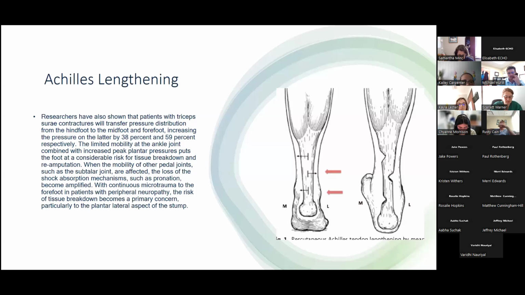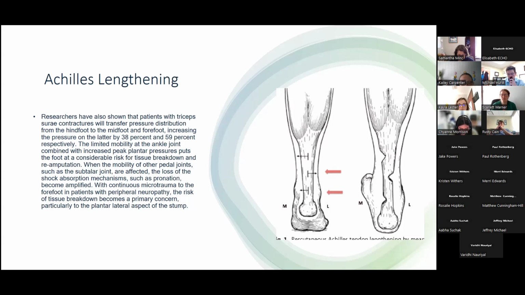So when performing the TMAs, performing a lengthening on the Achilles tendon is almost always beneficial. A lot of times these patients have increased pressures to their forefoot, which is why they develop the wounds to begin with. And so if we can perform an Achilles lengthening, I think it's beneficial to alleviate some of those pressures on the forefoot and really allow them to heal quicker and more long lasting.